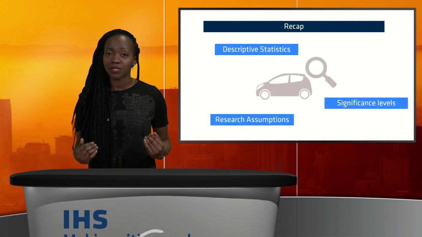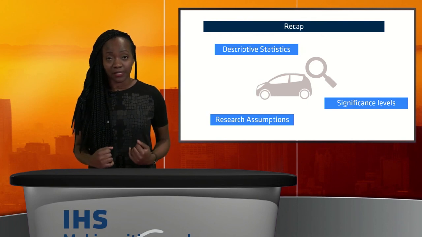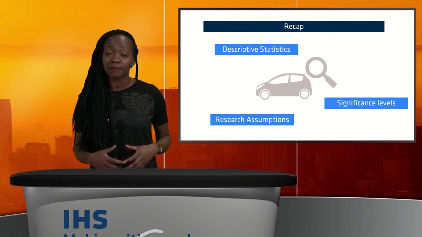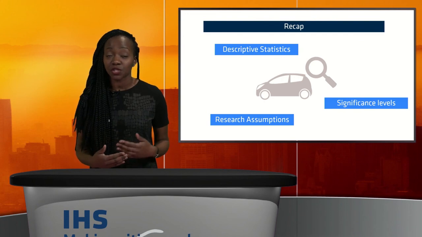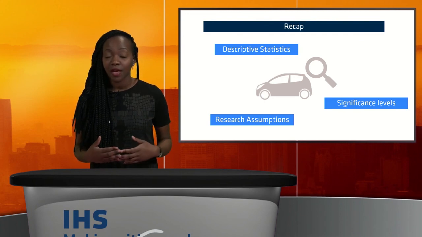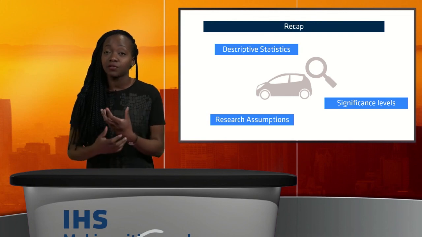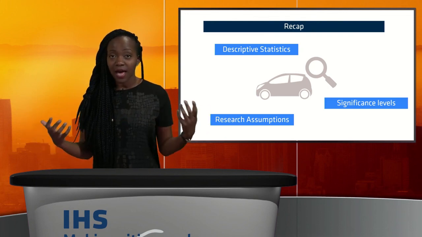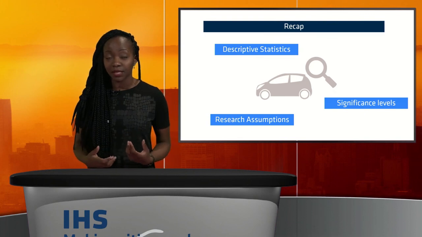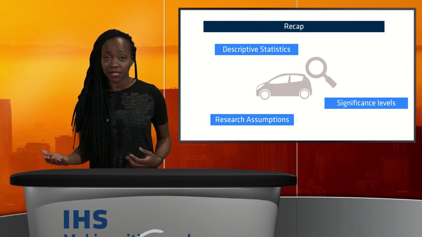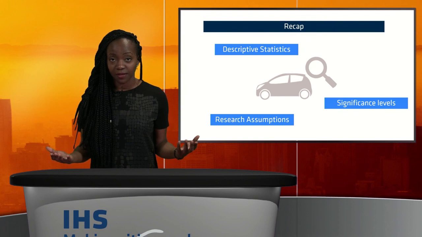There are other assumptions that apply to various inferential tests, and we will look into them as we learn more about various tests you can perform on the data. Remember that the descriptive statistics gives you an idea of the distribution of the data, and the significance levels determine whether the null hypothesis is accepted or rejected.